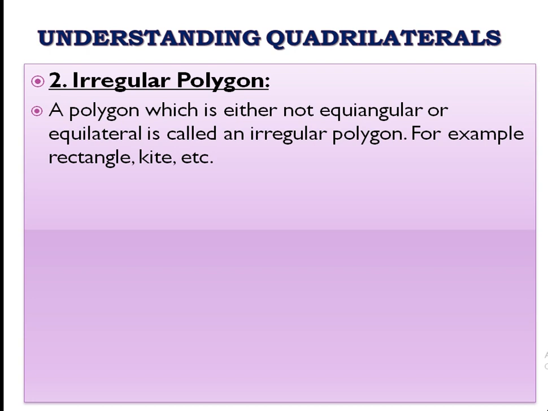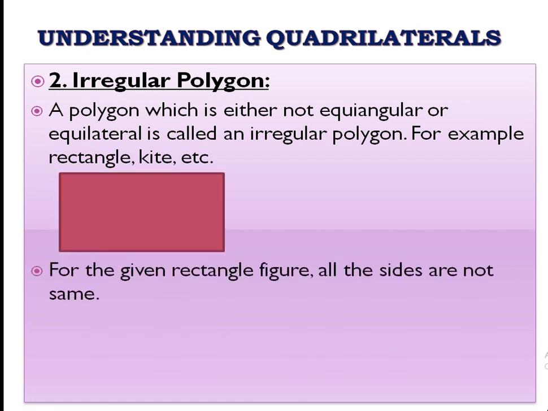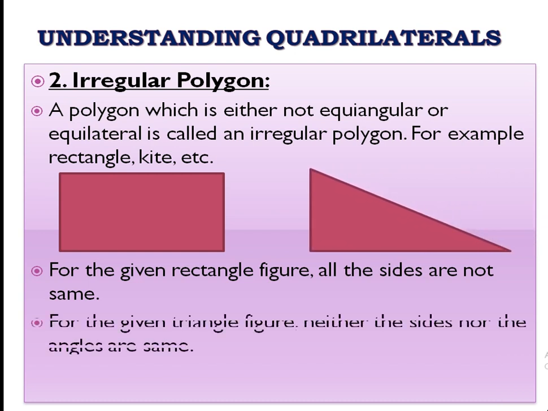For example, rectangle, kite, etc. Here it is a rectangle. For the given rectangle figure, all the sides are not the same. Okay student. And for the given triangle figure, neither the sides nor the angles are the same. Okay student.